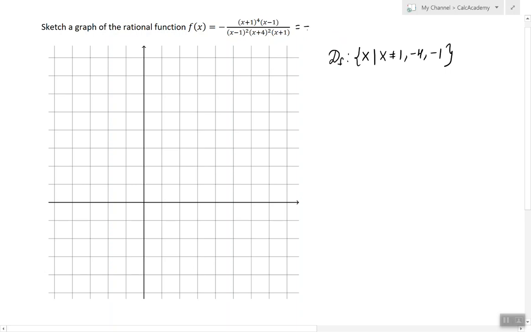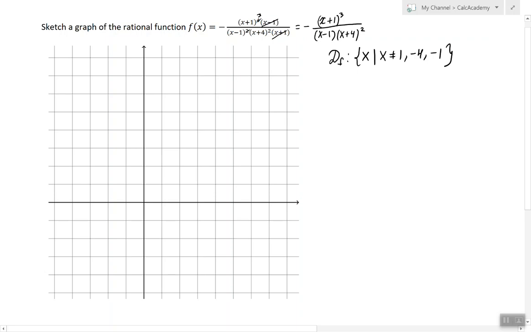So here we can see that x plus 1 can be reduced, x minus 1 can also be reduced. So let's see what's left after we simplify everything. In the numerator we have x plus 1 cubed. In the denominator we have x minus 1 times x plus 4 squared. Notice how x plus 1 is not in the denominator anymore.